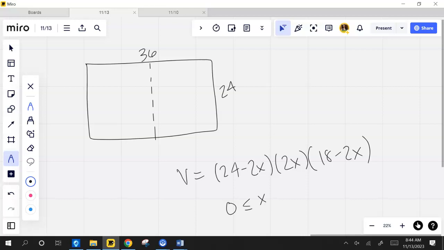Because I've cut in half, yes? So this is 18. And from that 18, I take 2 x's off. But from that, I take off 2 x's, right? Smallest side taking off 2 x's. So I know that x can't possibly be any bigger than what?